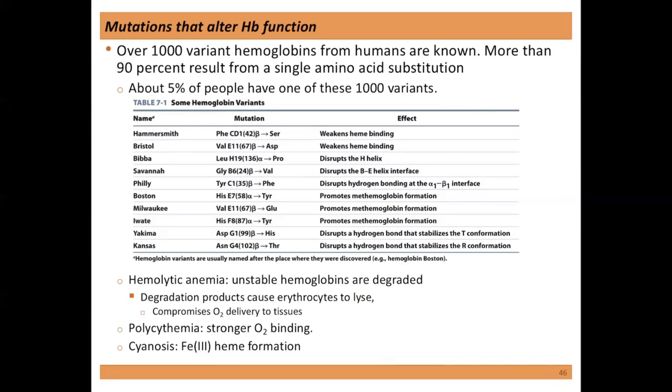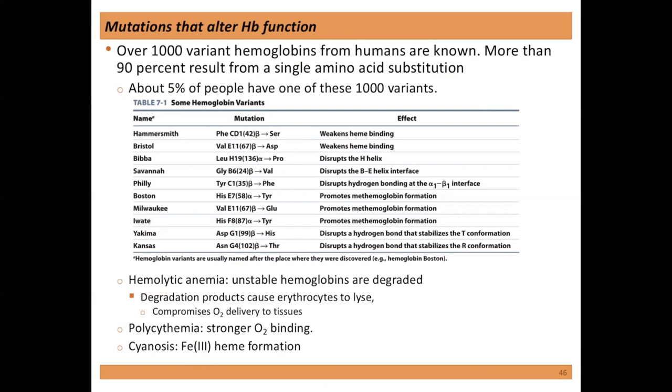Sometimes you result in unstable hemoglobins, and so those are degraded, and this could lead to hemolytic anemia. And the reason for that is you break down the hemoglobin, the degradation products can cause your erythrocytes to lyse or to break open. And of course, that would lead to compromising the O2 delivery to the tissues.